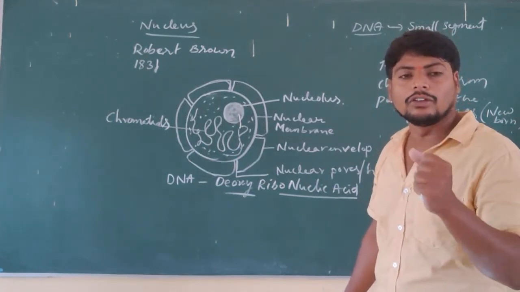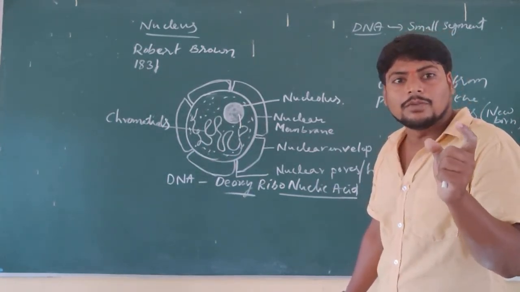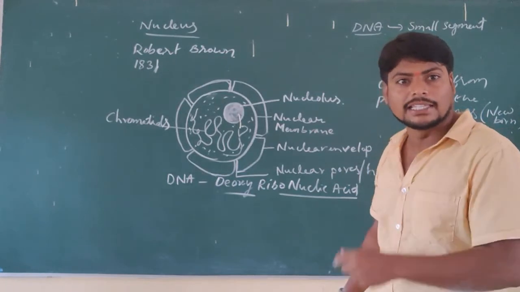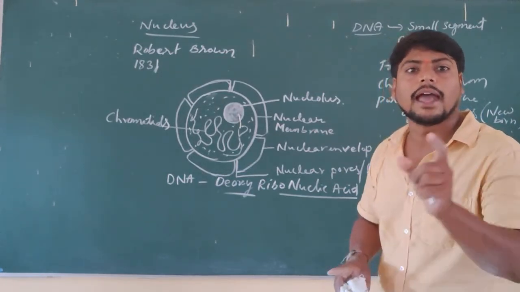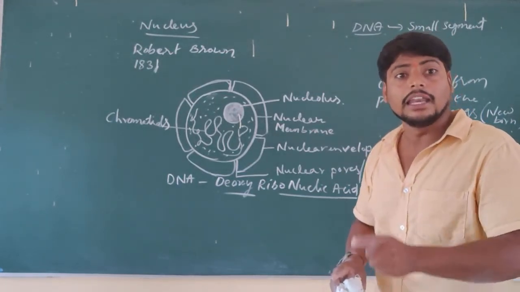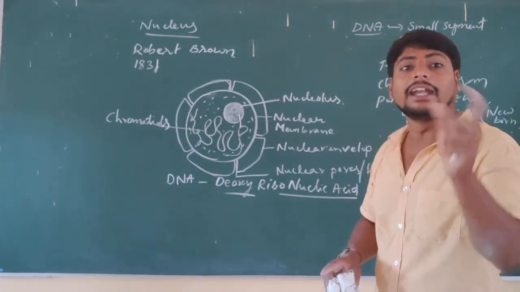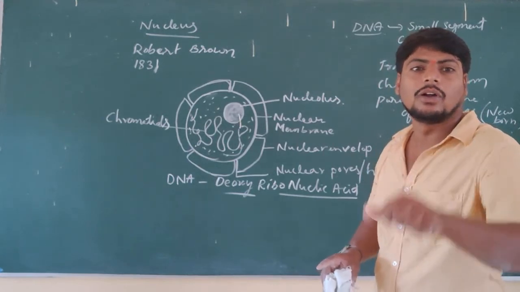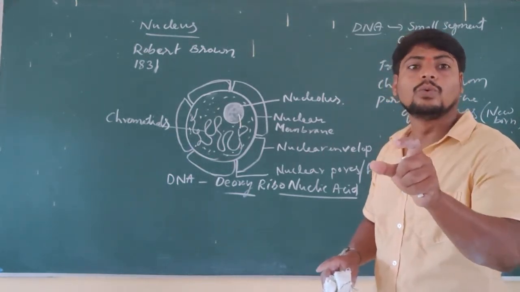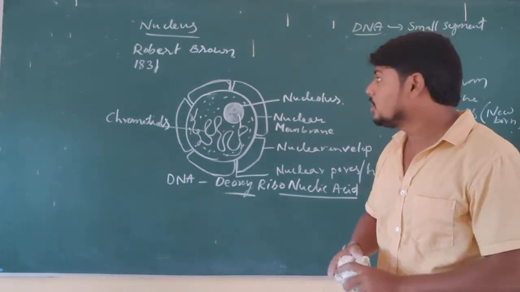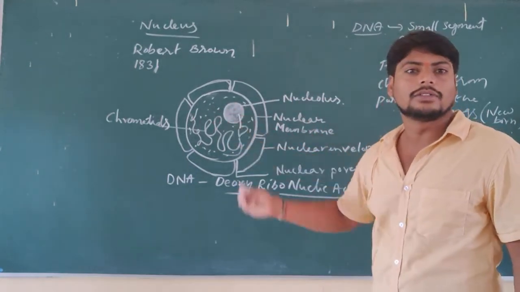What do prokaryotes mean? The organisms which do not have a nucleus are called prokaryotes. And what are eukaryotes? The organisms which have a nucleus, where DNA is present, are called eukaryotes. So what is the difference between prokaryotes and eukaryotes?